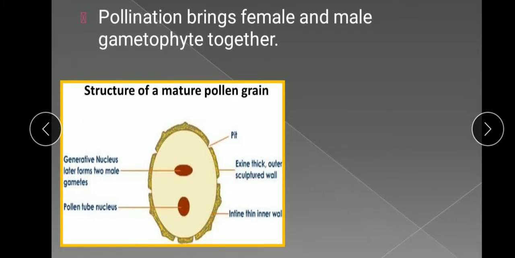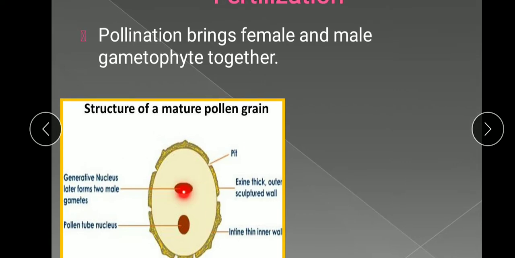The intine is the inner wall, and there are two nuclei present in the pollen grain: the generative nucleus and the tube nucleus. The generative nucleus further divides by mitosis, that is cell division, and forms two male gametes.